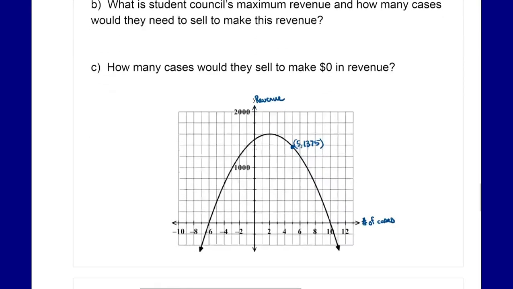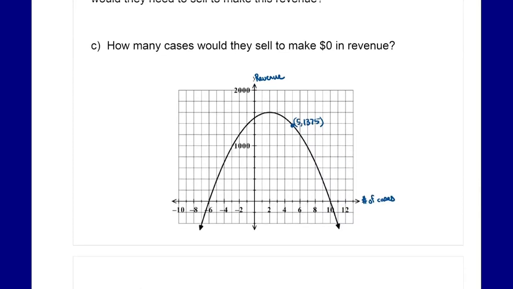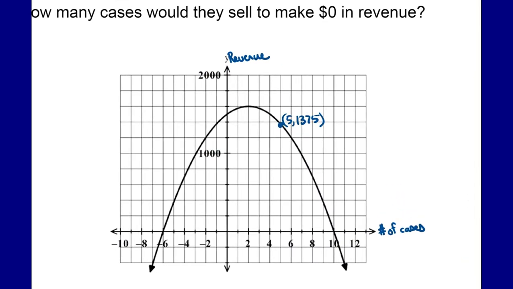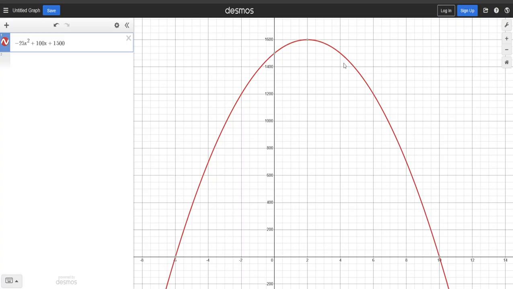What is student council's maximum revenue, and how many cases would they need to sell to make this revenue? Now I can see that point on my graph here. I don't have to go back to Desmos. If you wanted to, the nice thing about Desmos is some of those key points like the vertex or the axis or the y-intercept or the x-intercepts usually show up as a little dot that you can click, and it keeps those values there.